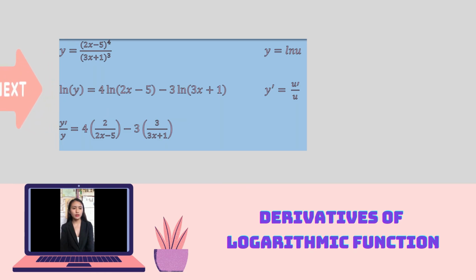Next, we have the derivative of natural logarithm of y, which is y prime over y, unchanged, equals 4 times the derivative of natural logarithm 2x minus 5, which is 2 over 2x minus 5, minus 3 times the derivative of natural logarithm of 3x plus 1, which is 3 over 3x plus 1.